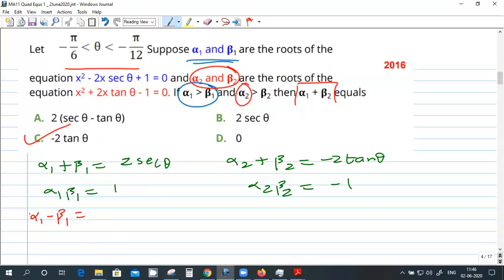You know how to solve it? Yes, sir. I'm just trying to.